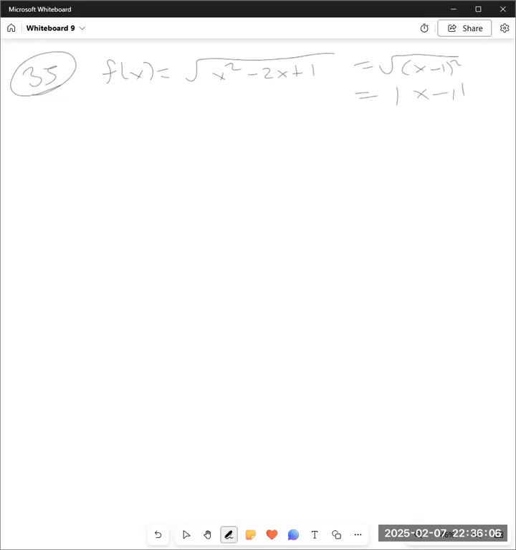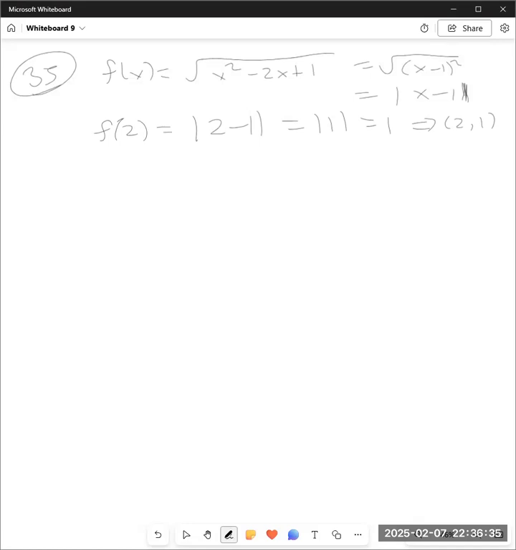It is not just x minus 1. When I square something and take the square root of it, that's the absolute value of x minus 1. So f of 2 is equal to the absolute value of 2 minus 1, which is the absolute value of 1, which is 1. So that's our point that we're interested in, 2, 1 there.